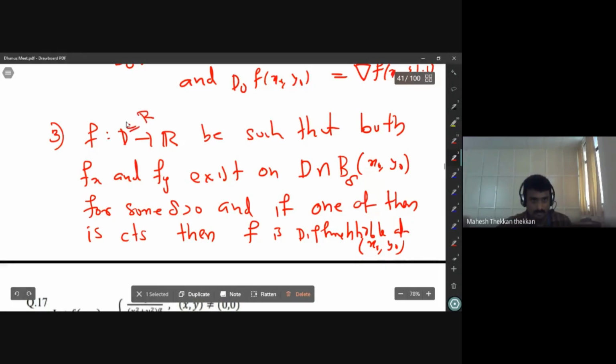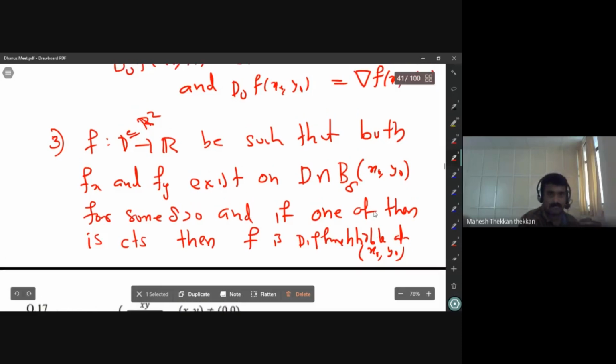So f from D, a subset of R2, to R is such that both partial derivatives fx and fy exist on some neighborhood of x naught, y naught, a point in D, and one of them is continuous. No need for both to be continuous. One of them is continuous in that neighborhood. Then f is differentiable at x naught, y naught.